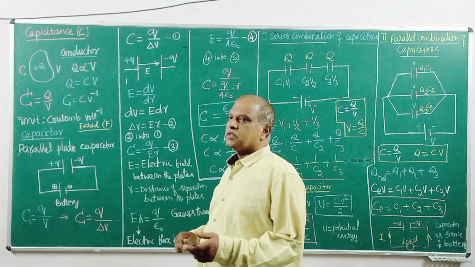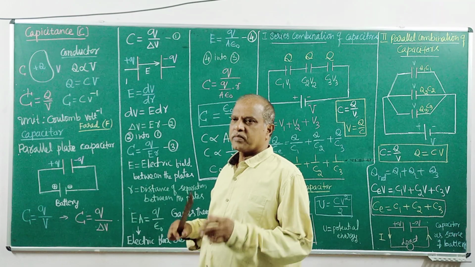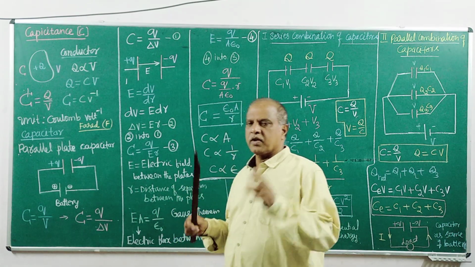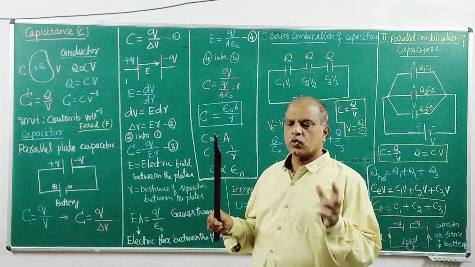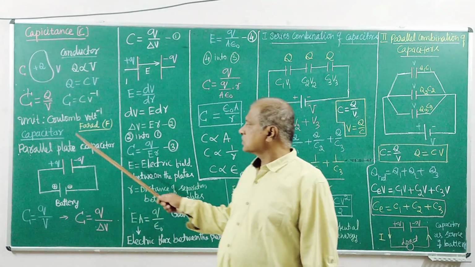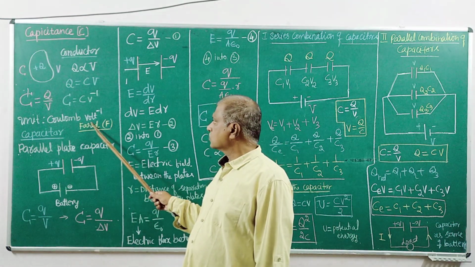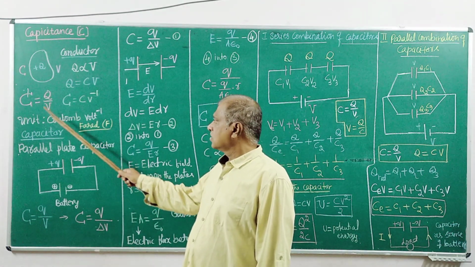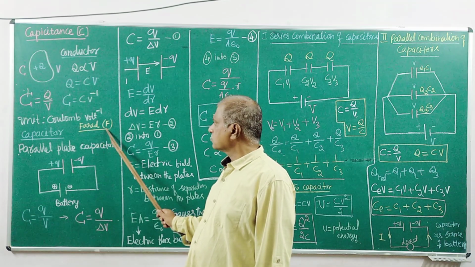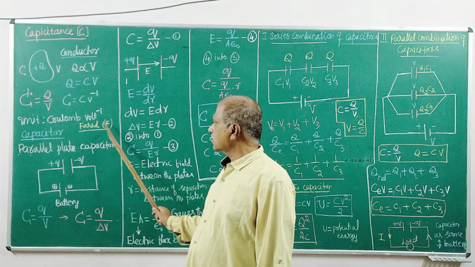So capacity means the maximum amount of static charge that material can store up is called capacitance. So this coulomb per volt is the unit of the capacitance. This is in short farad, F.